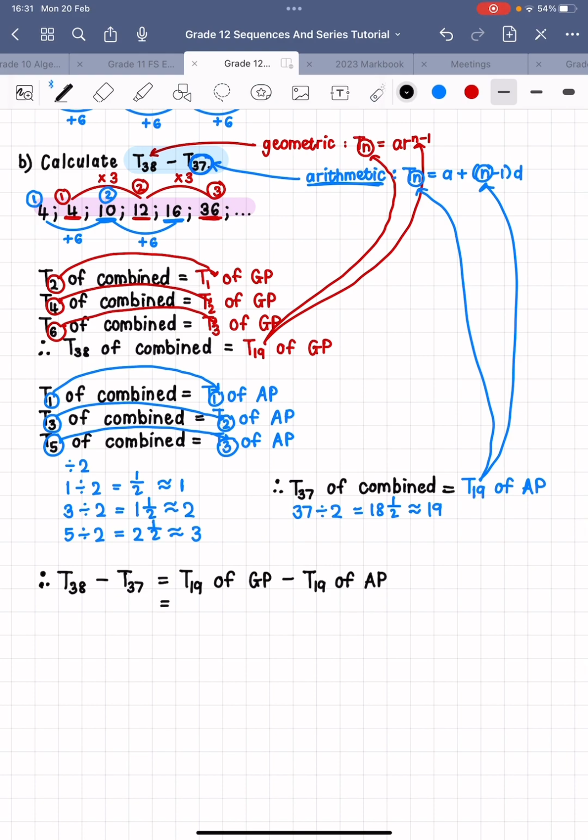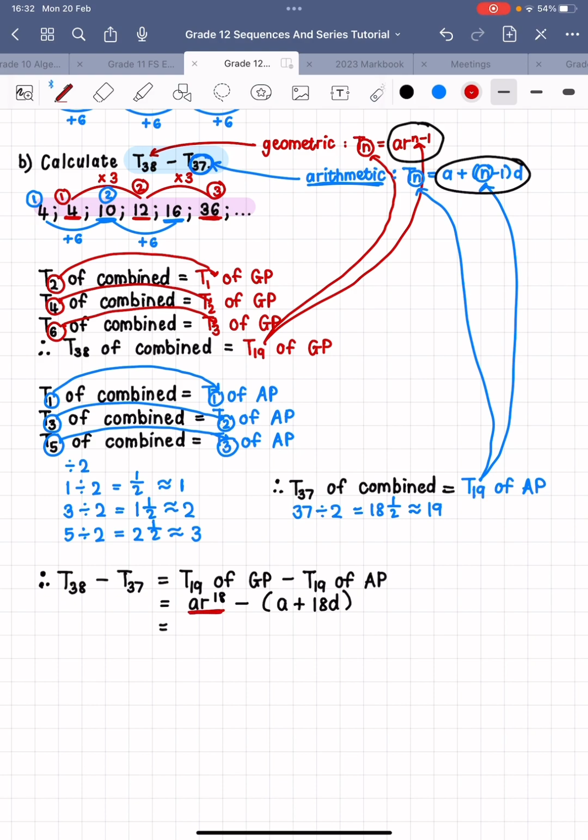For our GP formula, we are using this formula. We're going to say AR to the 19 minus 1, so AR to the 18, minus, for our AP, our blue pattern, we're going to take that formula, A plus 19 minus 1, so 18D. Now I'm going to actually put my values in. What was the A value of the GP, of the red one?